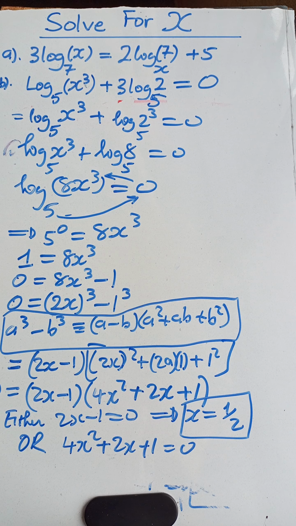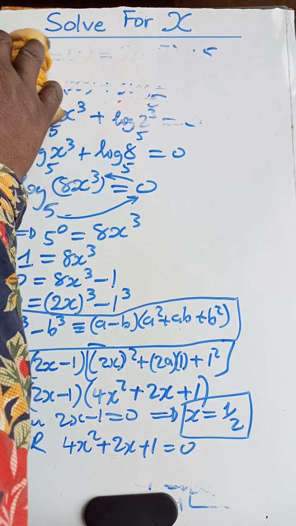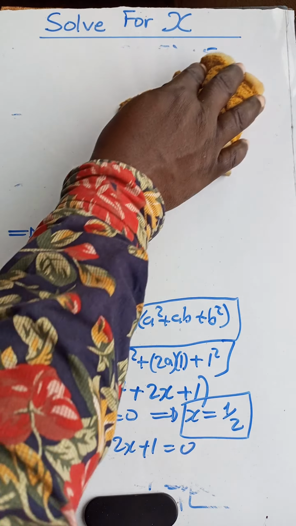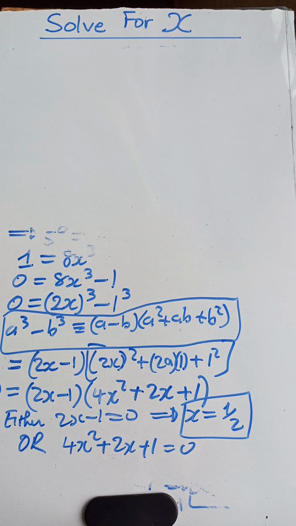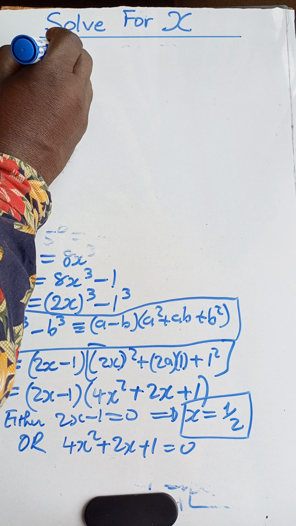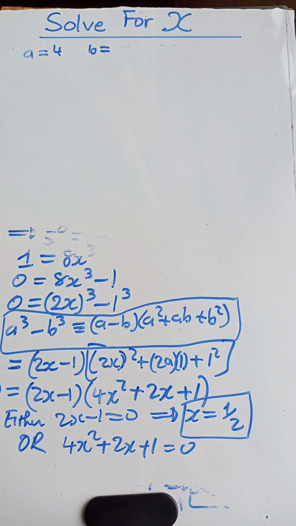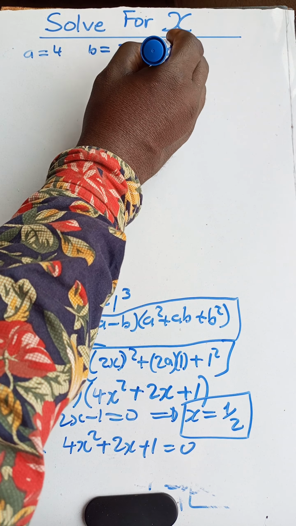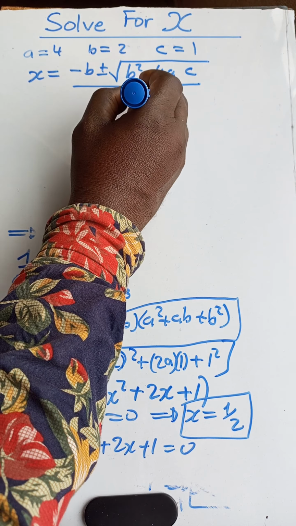Okay, now let's solve that quadratic. Let's use the quadratic formula this time around. Our a is 4, our b is 2, and our c is 1. X equals negative b plus minus the root of b squared minus 4ac all over 2a.